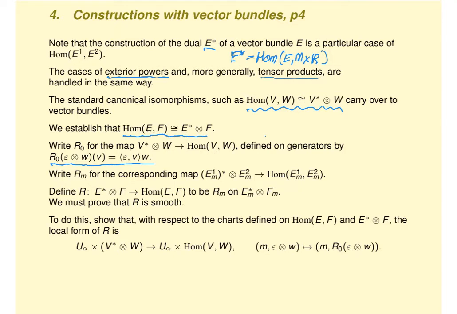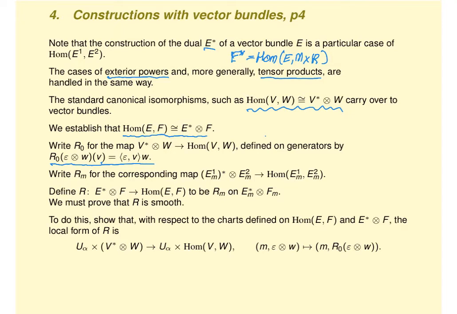So I apply it to an element little v of V, and what I get out is the element w that I've been given times the pairing of epsilon with v. Okay. And I expect you know that does give an isomorphism of finite dimensional vector spaces, and it's canonical in the sense of category theory.